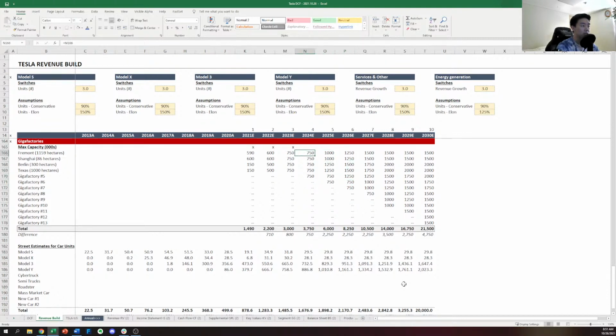So essentially they're ramping up their existing factories from 2024 to 2026. And then in 2026, building out 2 factories at once, 2 new ones, and at the same time, ramping up their existing ones.